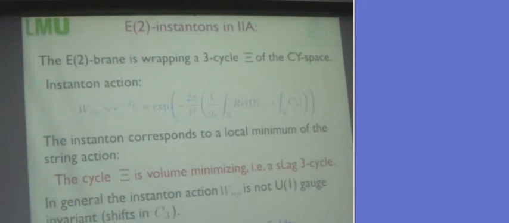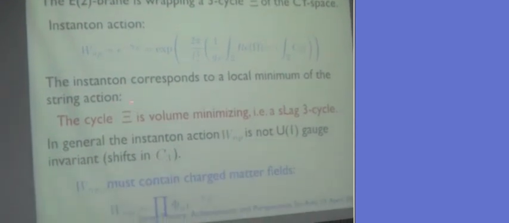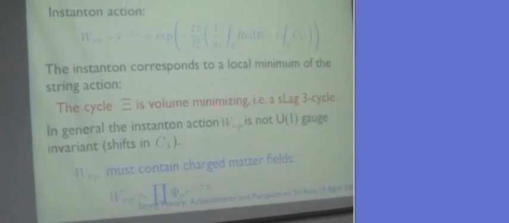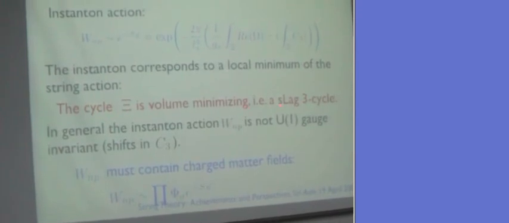And perhaps it becomes clear why worldsheet instantons are also important here. The instanton corresponds to a local minimum of the string action, which means that the cycle Xi has to be volume minimizing, so again it has to be a supersymmetric Lagrangian 3-cycle.